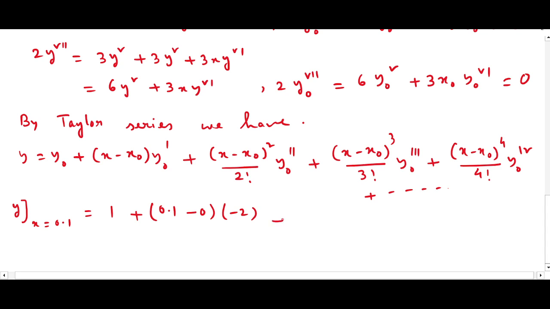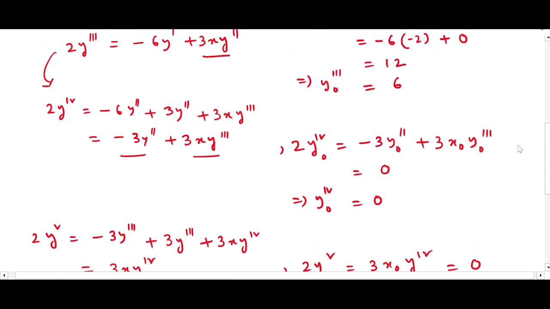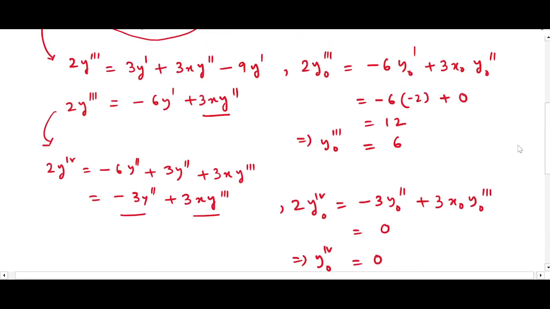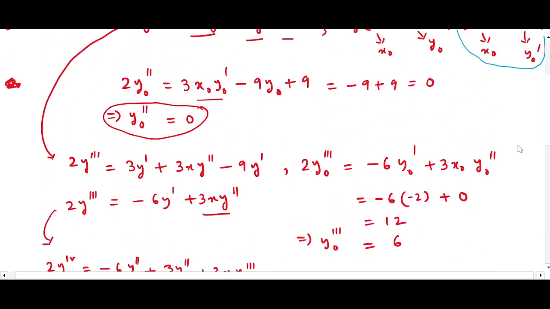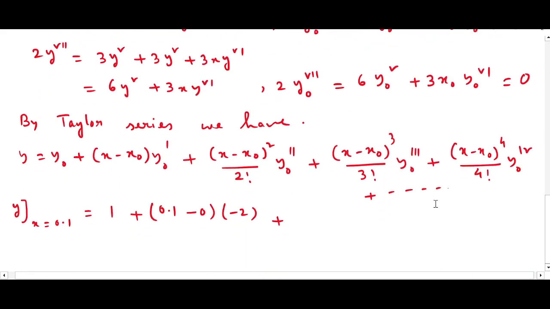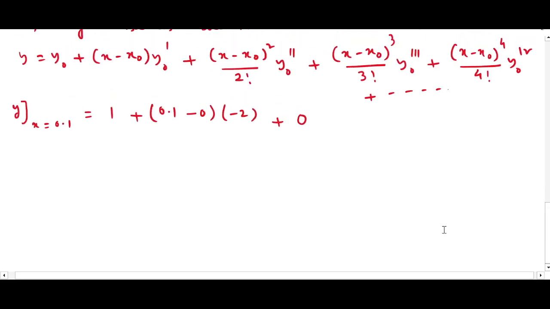Then plus x minus x naught square, y naught double dash. So our y naught double dash is how much? Y naught double dash is 0. So since y naught double dash is 0, no need to put it. And y naught triple dash is 6, so that we can put. So this term is 0.